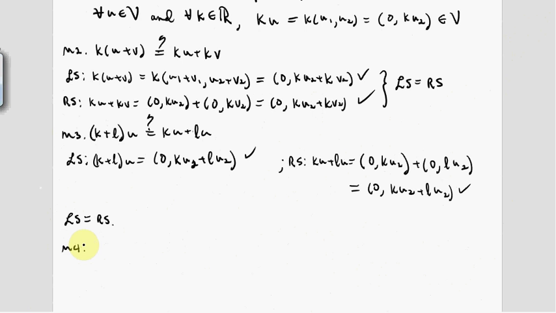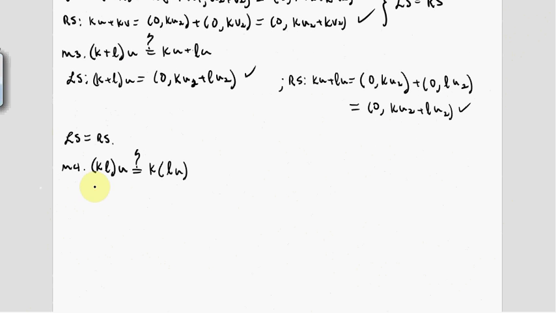M4. M4 is the associative property for scalars, for scalar multiplication. So is KL, emphasis there first, times U, the same thing as K, where here the emphasis is on this one scalar times the vector? So let's see.